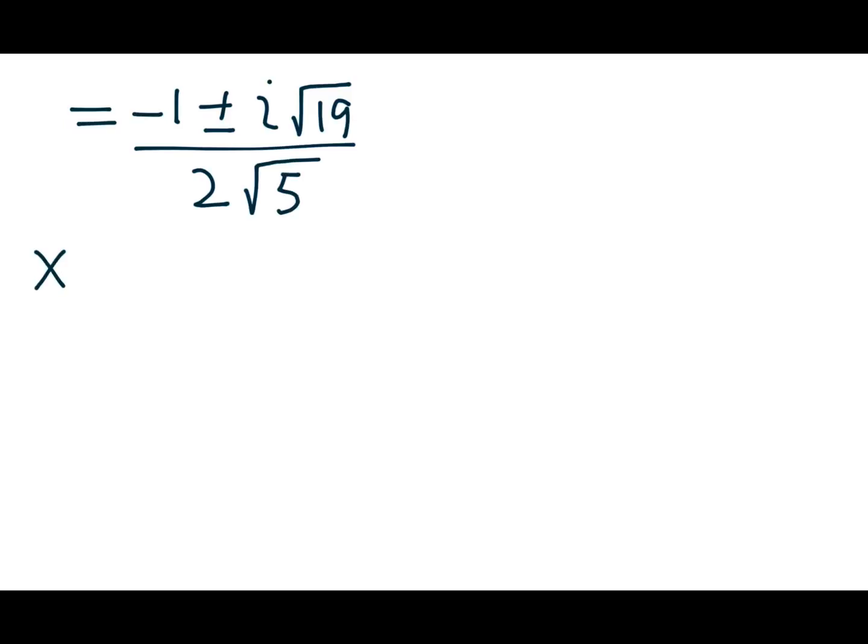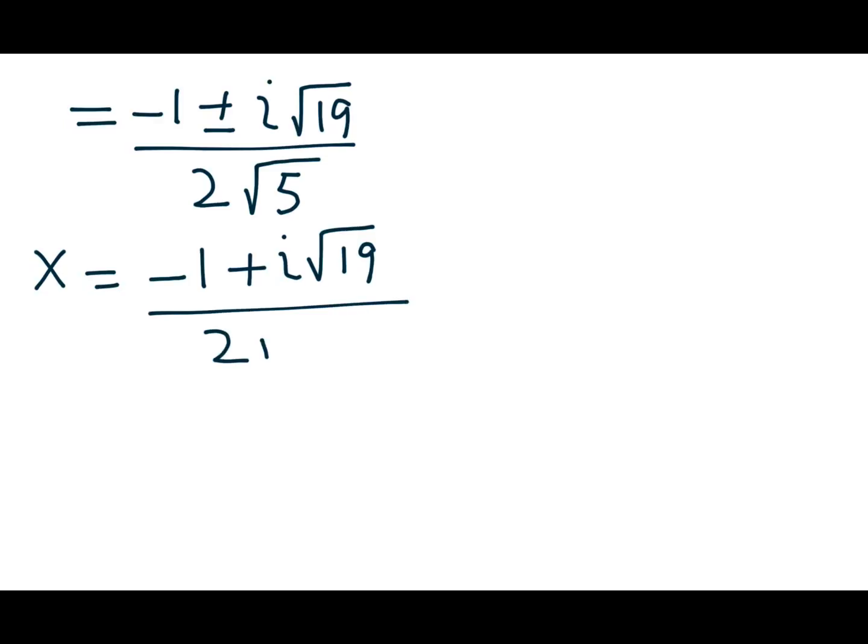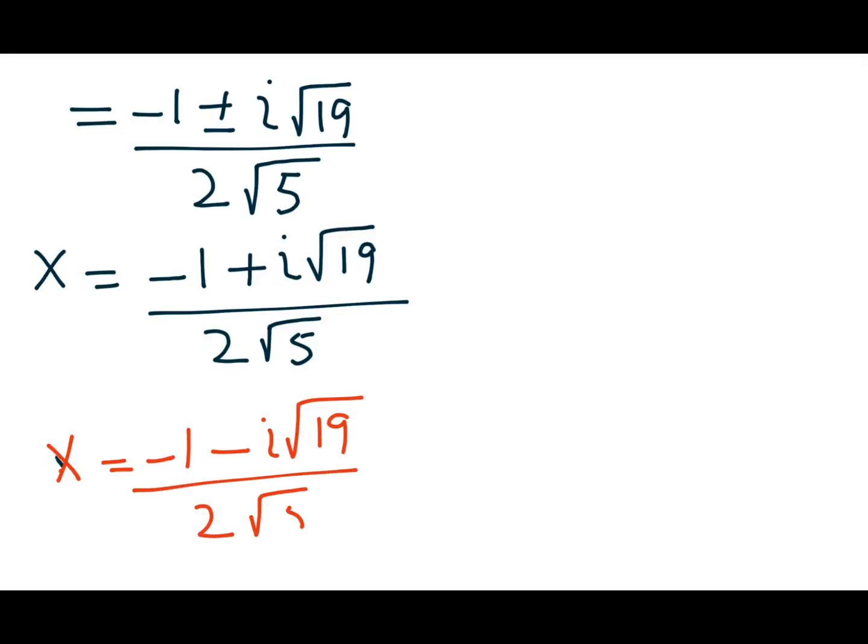So the two solutions of x will be x equals minus 1 plus i square root of 19 divided by 2 square root of 5, and x equals minus 1 minus i square root of 19 divided by 2 square root of 5.